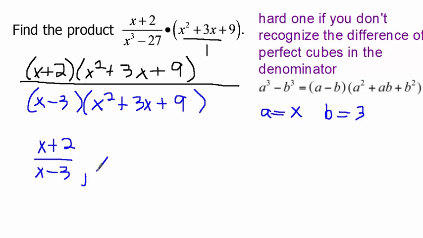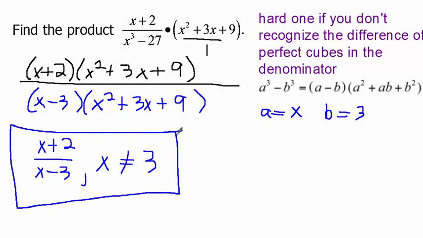Now I do need to set each thing in the denominator equal to 0, but what I will find is this is the only one that isn't imaginary, so x cannot equal 3. There is also an equation for the sum of perfect cubes as well. The plus and minus signs will change a little bit.